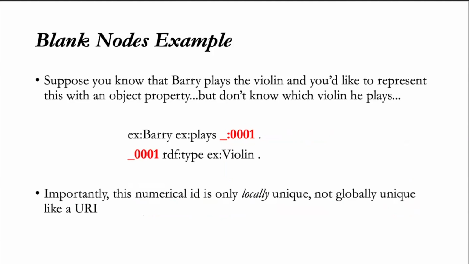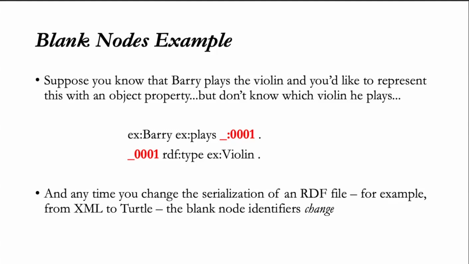It's unique globally. These existentials are locally unique within a file. In fact, if you were to convert one serialization to another, the IDs change, which is a real problem. If you're working with different serializations and you have blank node structures built into some architecture, you can't trust that they'll always pick out the same thing in these embeddings.